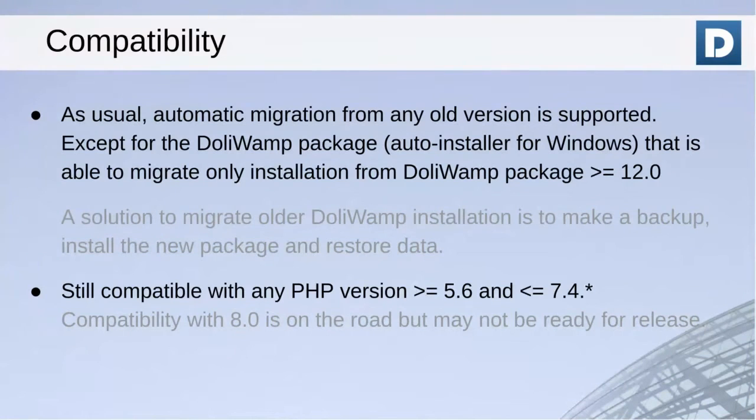The release of Dolibarr 13 will be done in January, so it will depend on the contributions we receive during the month of December. If you are a developer, you are encouraged to migrate to PHP 8, try Dolibarr, and fix the things that don't work yet.